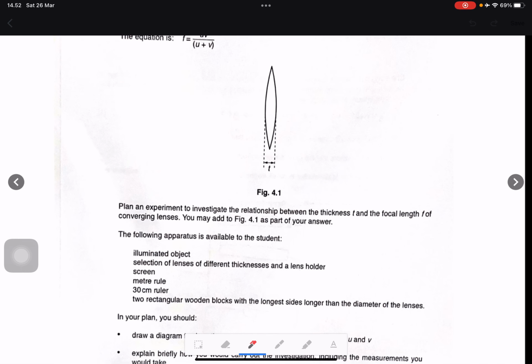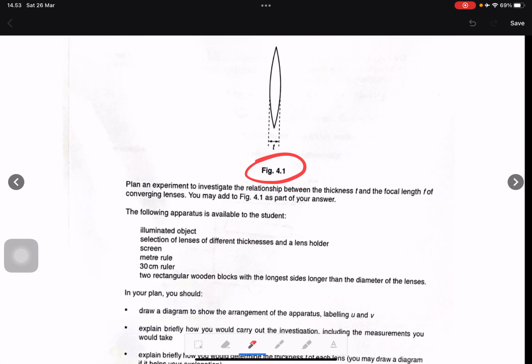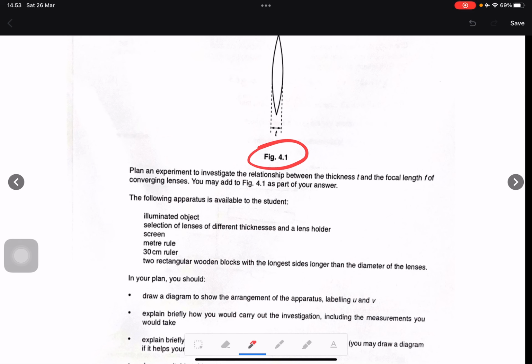Plan an experiment to investigate the relationship between the thickness t and the focal length f of a converging lens. You may use figure 4.1 as part of the answer. You have the following apparatus available: illuminated object, selection of lenses of different thickness and lens holder, screen, meter rule, 30 cm rule, 2 rectangular wooden blocks with longer side longer than the diameter of the lenses.